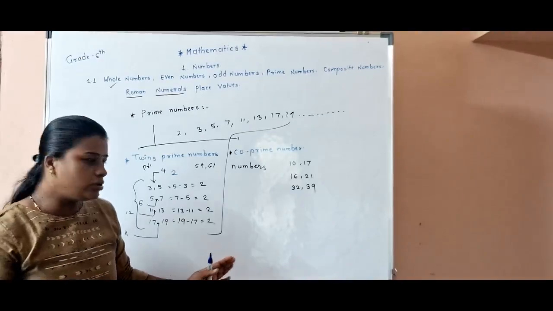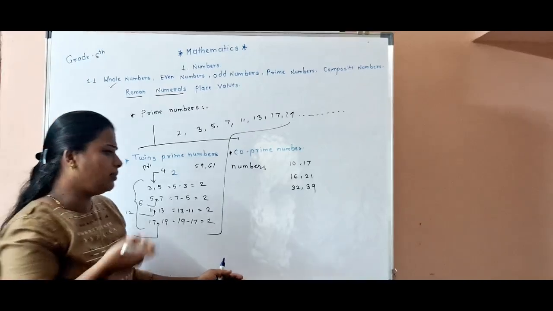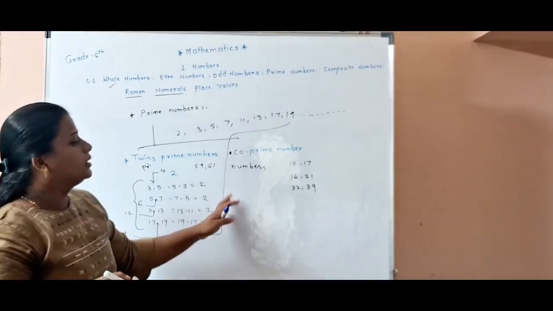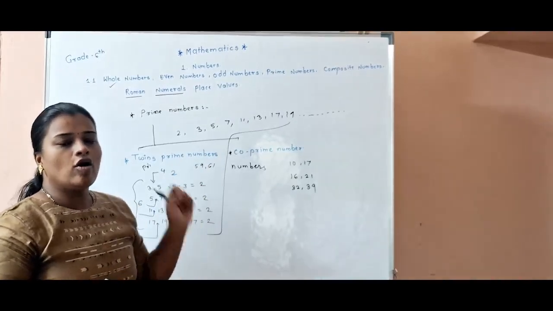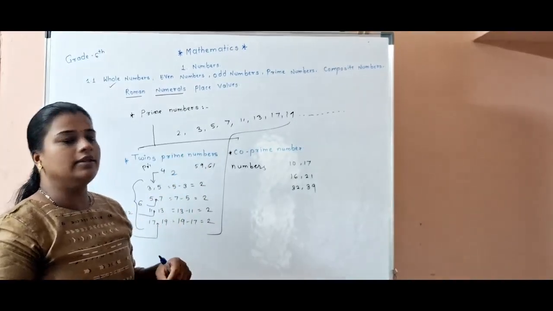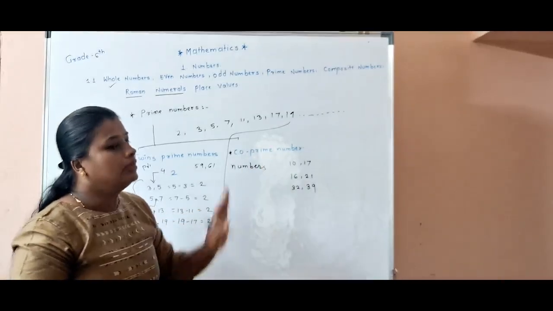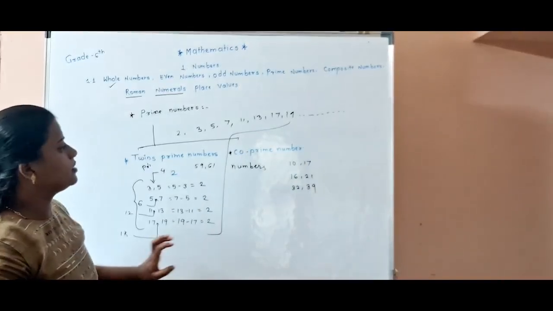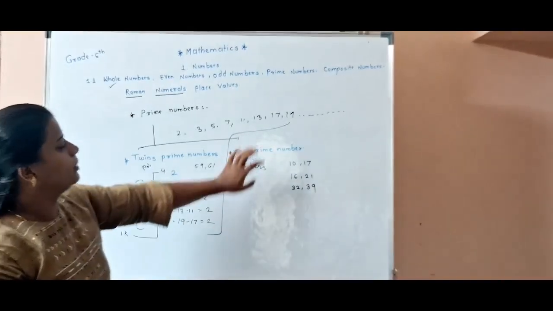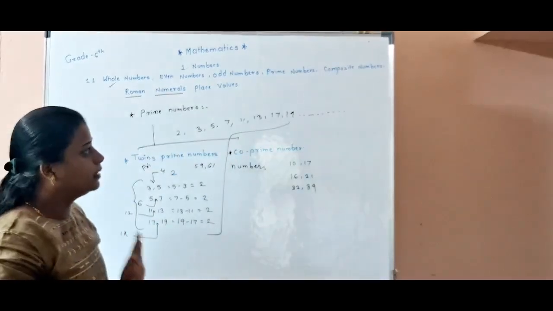You can also form 4 and 5, 2 and 3. Many pairs you can form. The numbers which do not have any common factor between them are called co-prime numbers. Both twin prime numbers and co-prime numbers come under the topic of prime numbers.